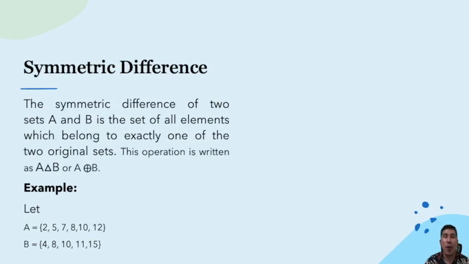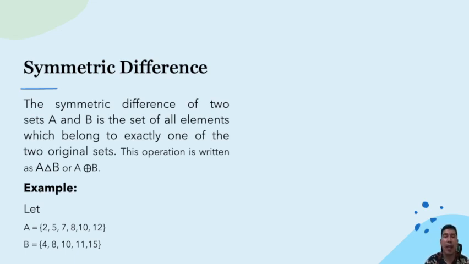Okay, so how about symmetric difference? The symmetric difference of two sets like A and B is the set of all the elements which belong to exactly one of the two original sets. This can be written using the triangle or symmetric difference symbol.